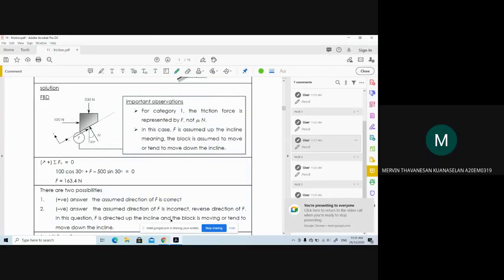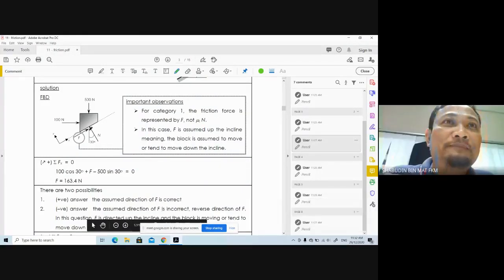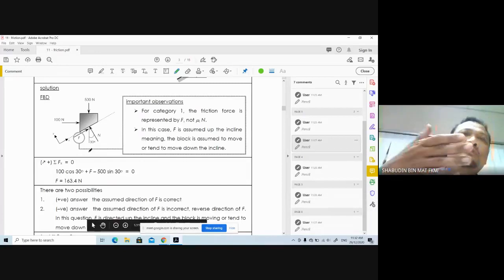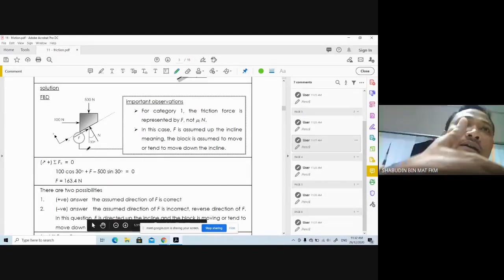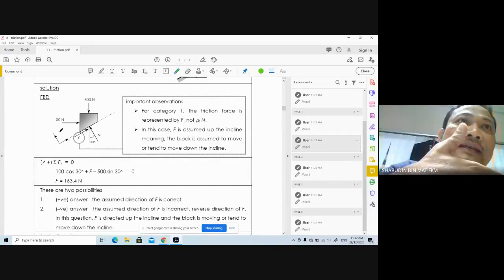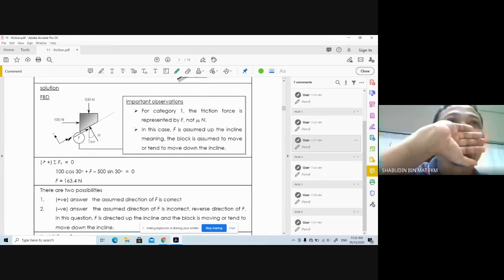Look at me. You have to do also the best practice. You do the axis in the same plane as the inclined angle. So it is easy for you.